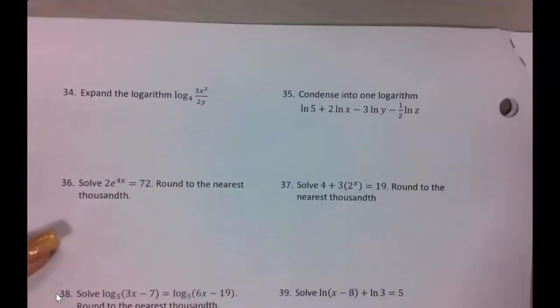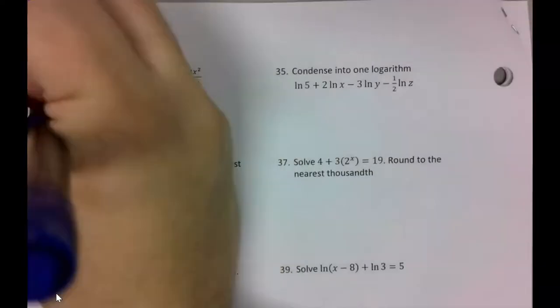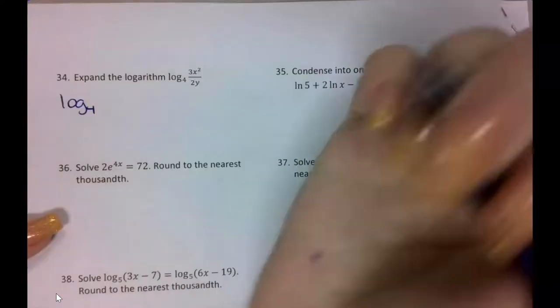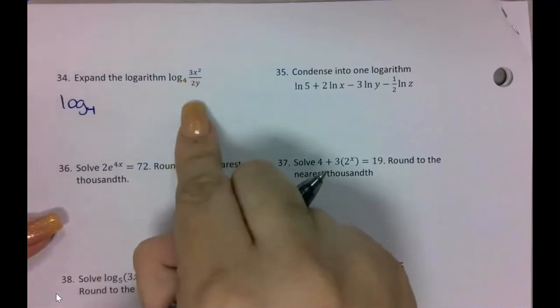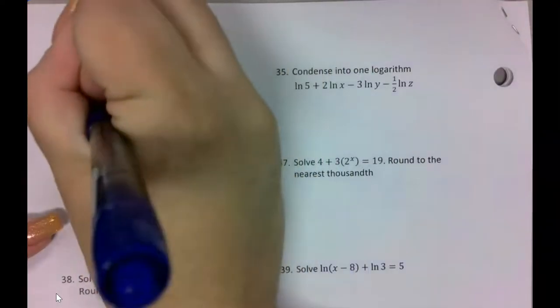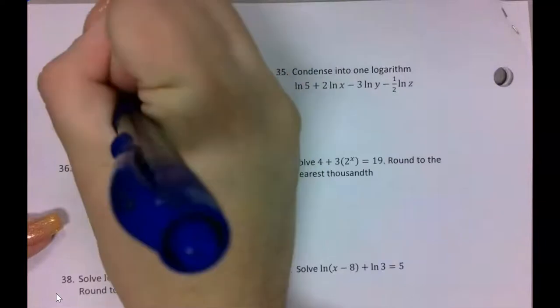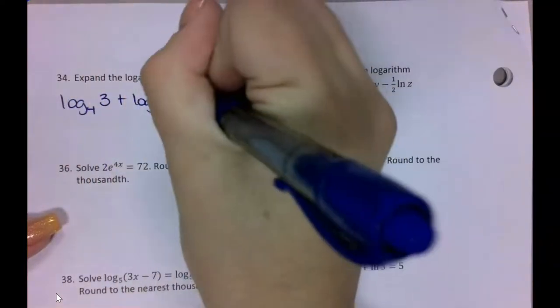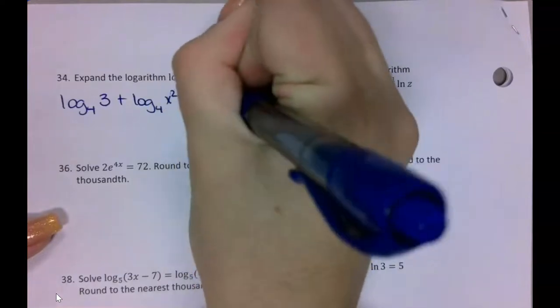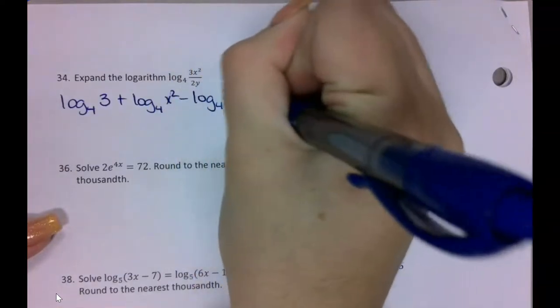This next one wants me to expand the logarithm, so I'm going to have log base 4. Anything on the top gets separated with plus, anything on the bottom gets separated with minus, so I'm going to have log base 4 of 3 plus log base 4 of x squared minus, because it's on the bottom, log base 4 of 2 minus log base 4 of y.